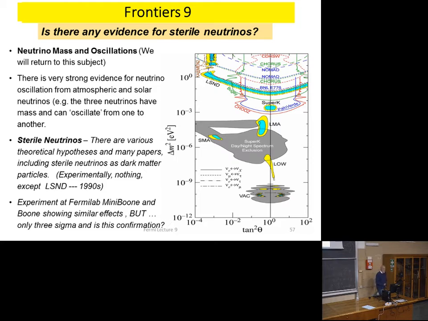This is a complicated plot, which you'll understand better after next week, I hope, when I present it. But this is the mixing between the neutrinos. The mixing is put in an angle, how much the 3 neutrinos mix with each other. And what's the mass difference between these neutrinos?